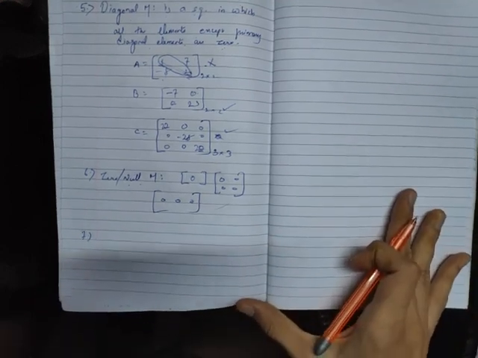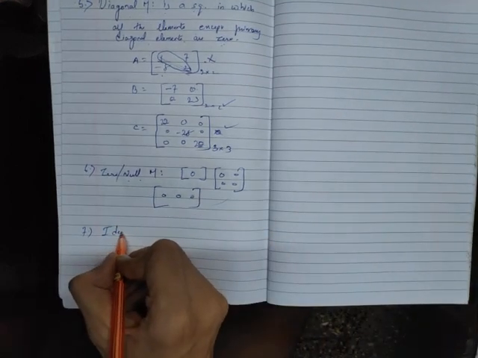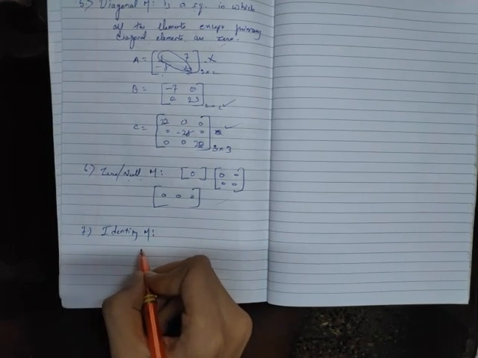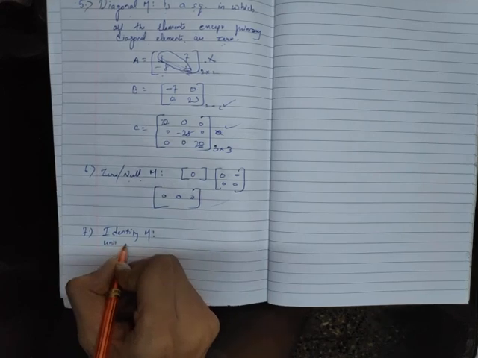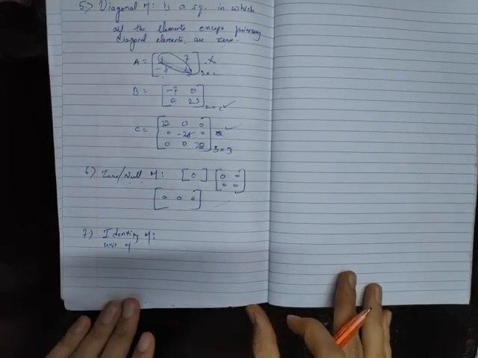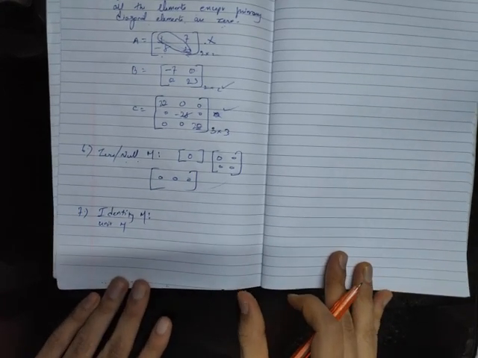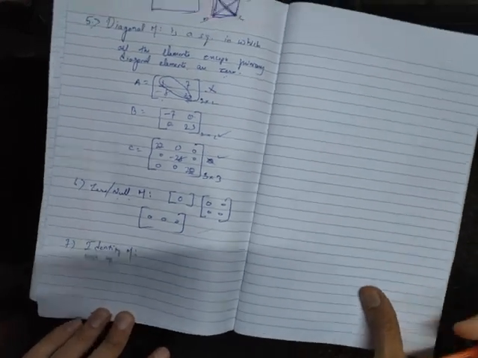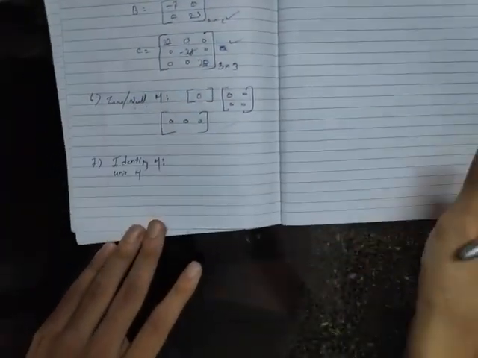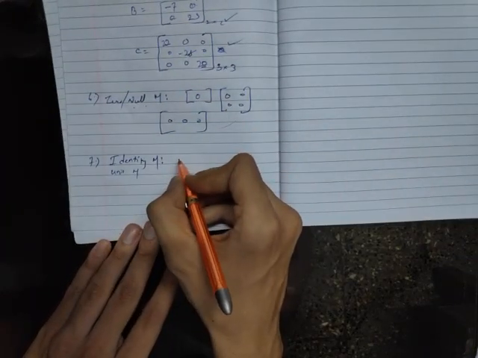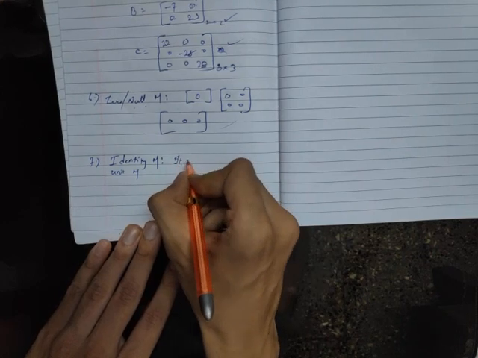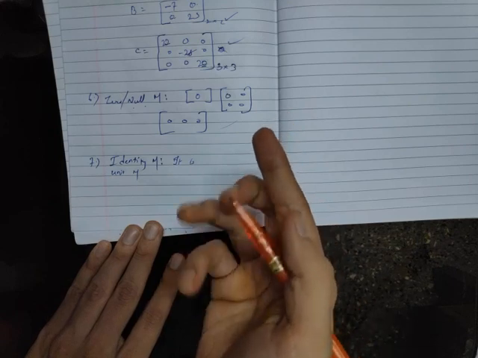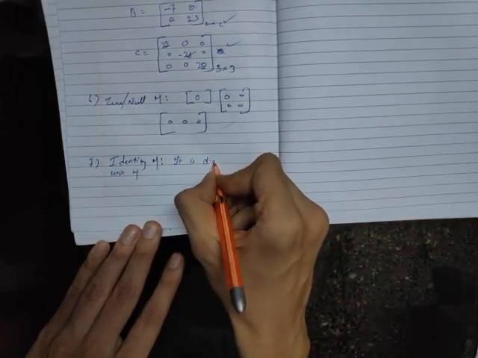Next one. Identity matrix. An identity matrix is also called a unit matrix. Now what is an identity matrix or unit matrix? If I define it, it is not just a matrix, not just a square matrix, but it is a diagonal matrix.